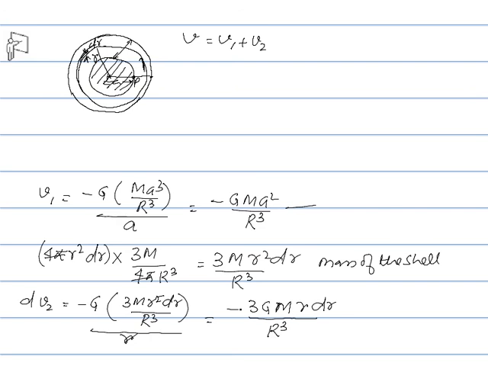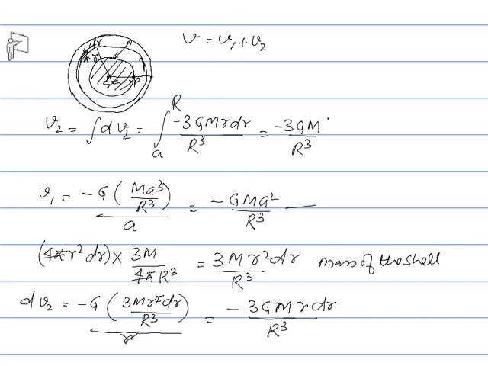Now if we integrate this from a to the radius of this sphere r, then we will get the total potential because of the outer thick concentric shell, that is V2 is nothing but integration of dV2, the integration of minus 3 G m r dr by r cube, and the limit is from a to r, so this becomes equal to minus 3 G m by r cube.